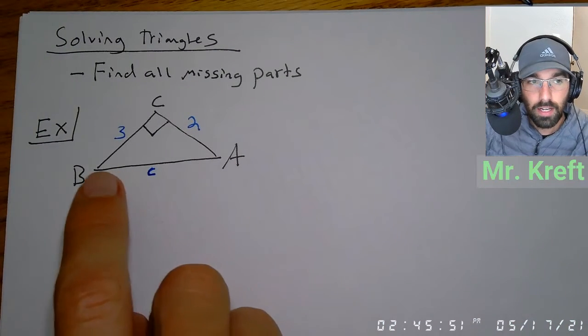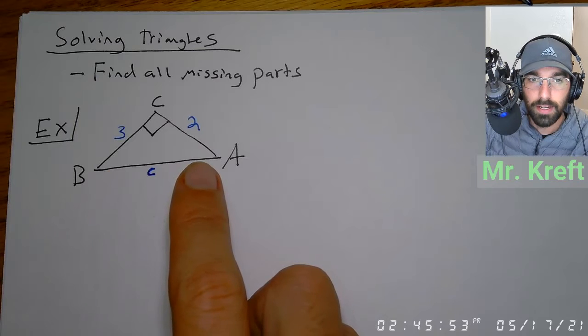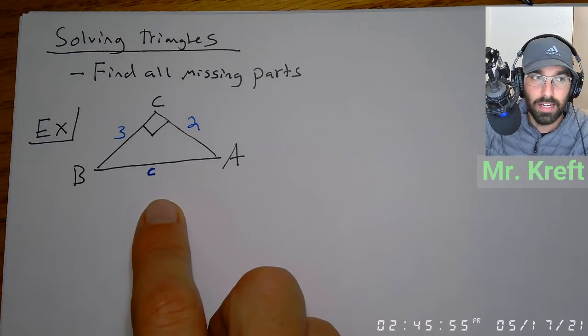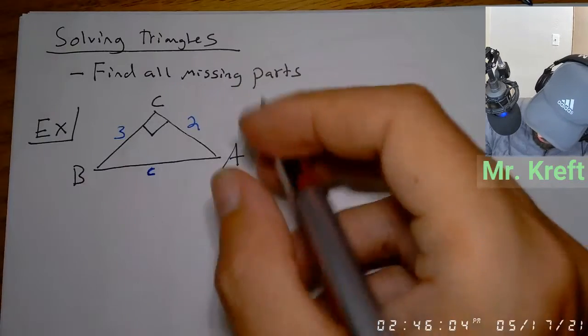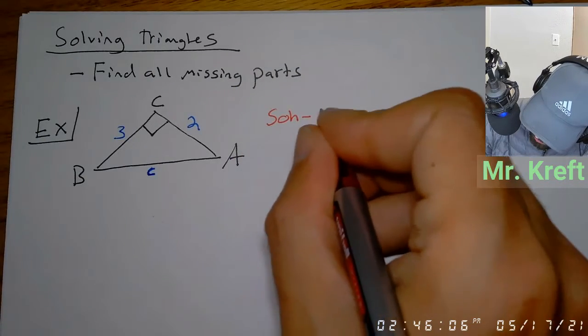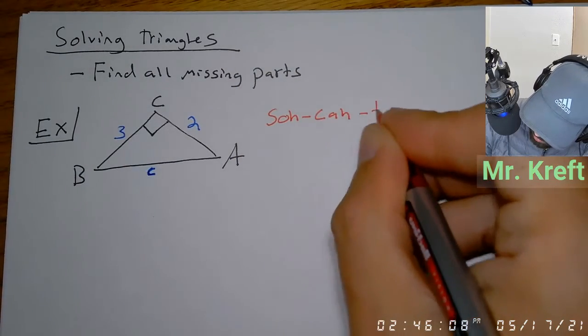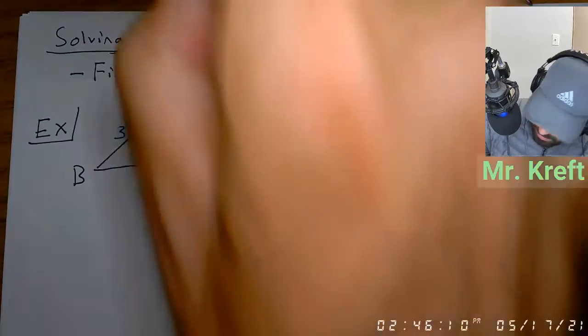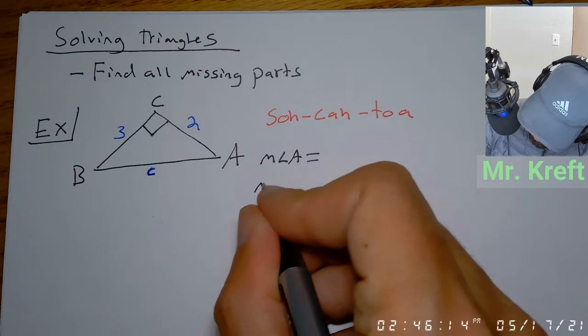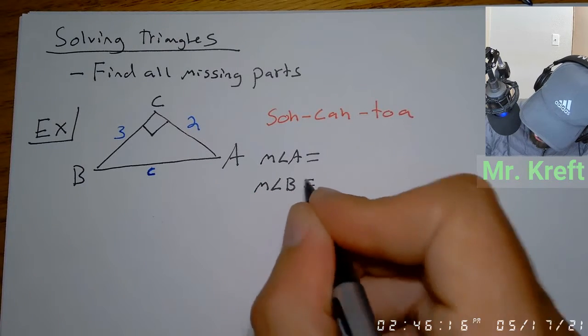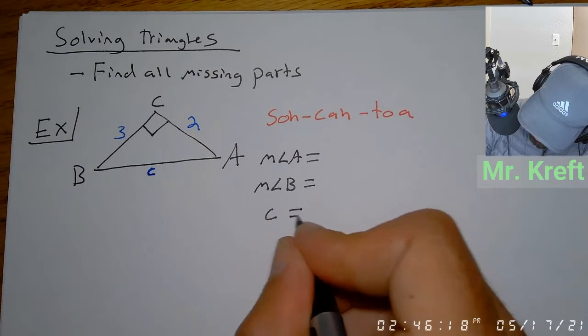As you can see in this picture, I have 2 angles I have to find, and I have one side. So when I say solve the triangle, that's just saying, hey, you have 3 things to do. We're going to be using SOHCAHTOA, and we're going to be looking for the measure of angle A, the measure of angle B, and the value of c.